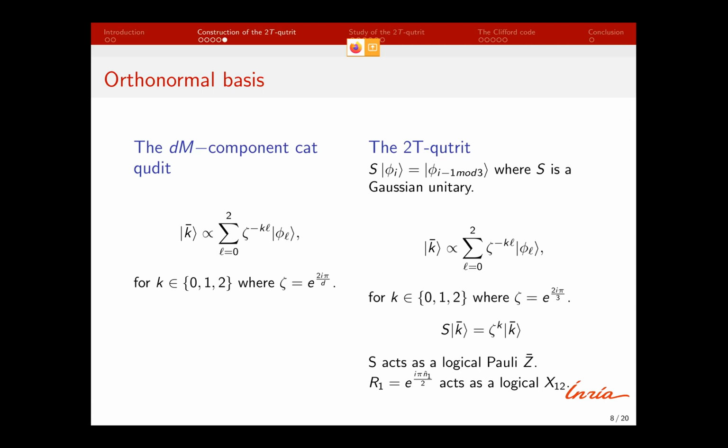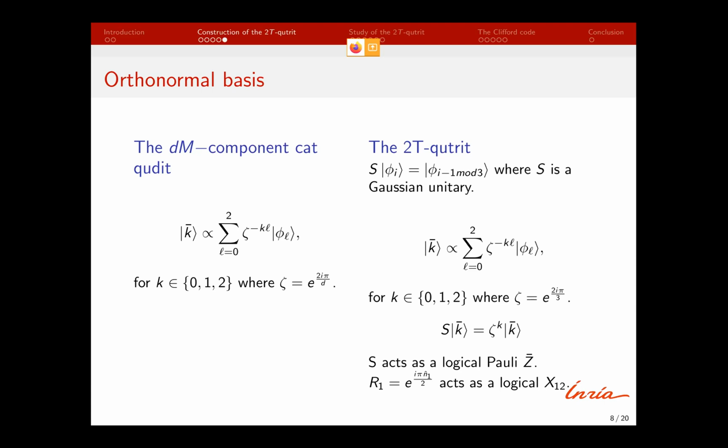I put in the first column the formula for the cat qubits, just to show how similar they are. It's basically the same equation. And so we also get a logical Pauli Z, which corresponds to the operation that takes one copy to the other copy of each small polytope.